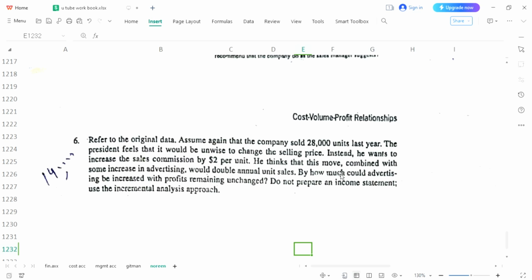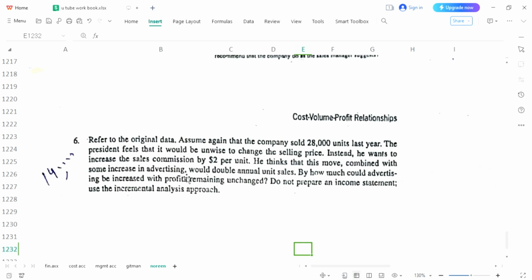He thinks that this move combined with some increase in advertising will double the unit sales. So instead of 28,000, you will double your annual unit sales. Some increase in advertising is needed, so advertisement expenses, which are fixed expenses, would also increase.